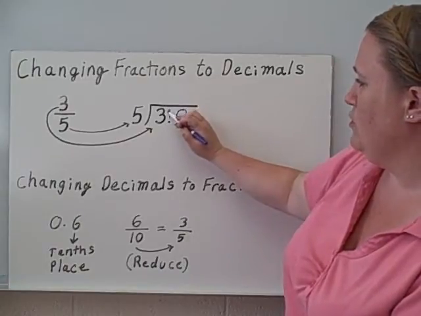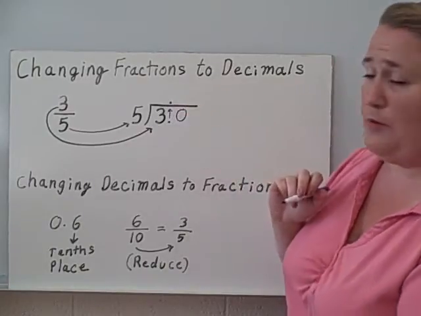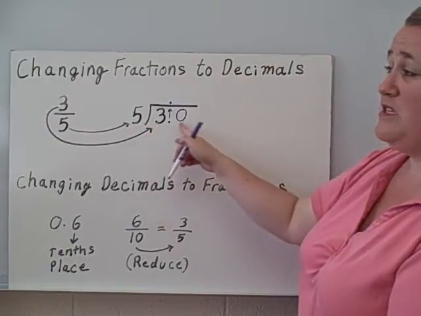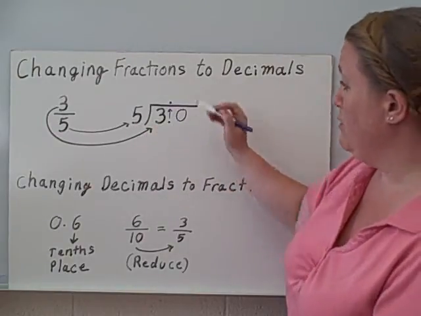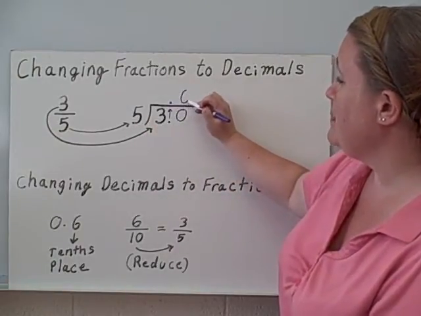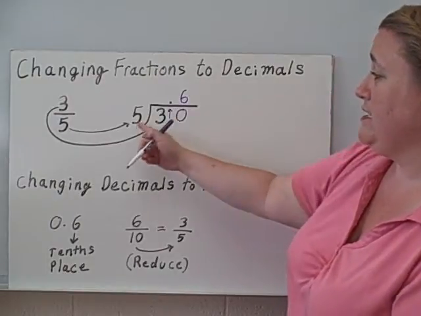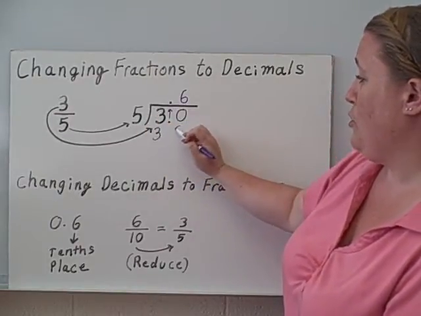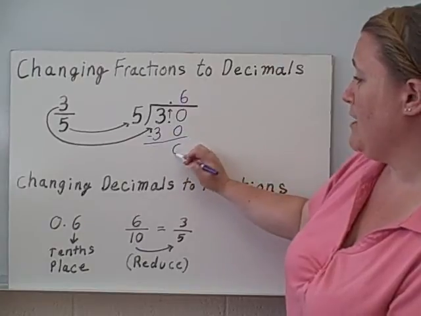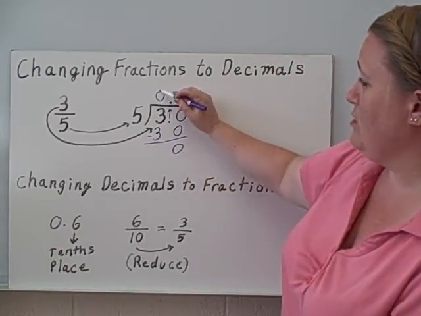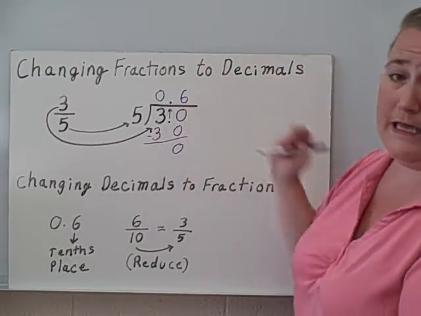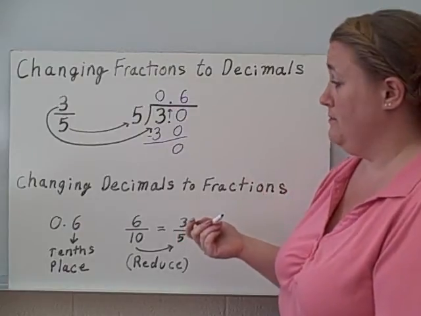Remember, your decimal always goes straight up. Now, will 5 go into 30? Yes, it will. It'll go in 6 times. And 6 times 5 is 30. And remember, you subtract. So my answer is 0.6 or 6/10.